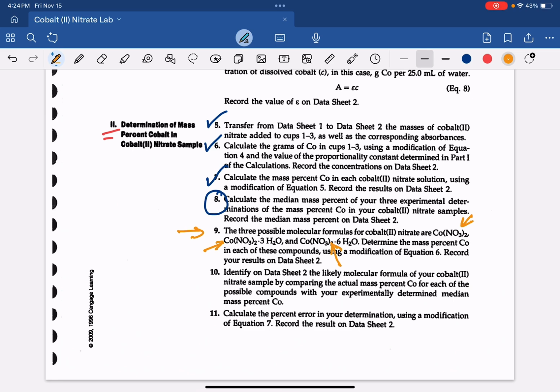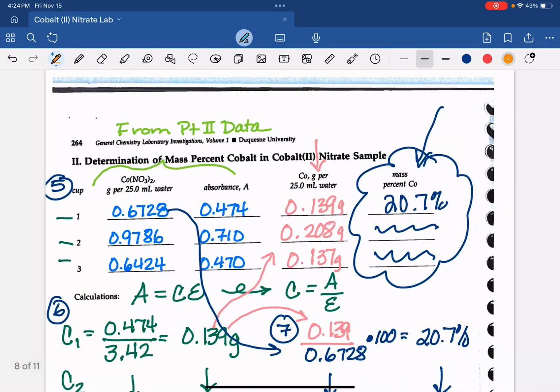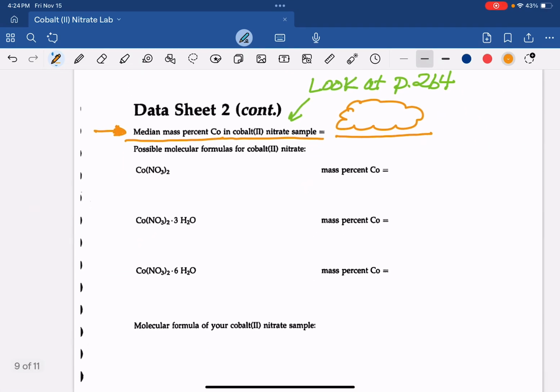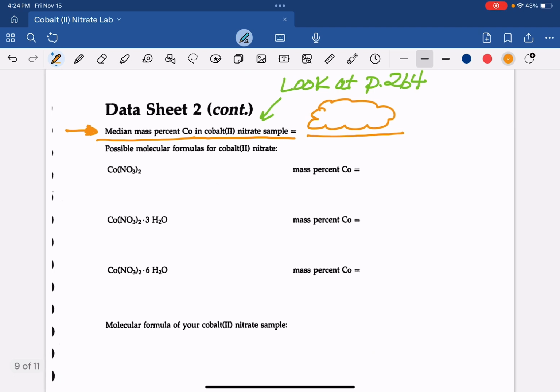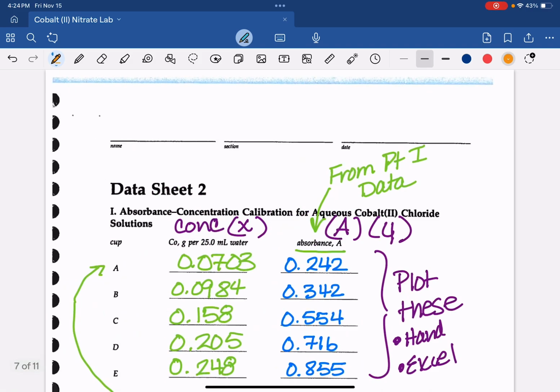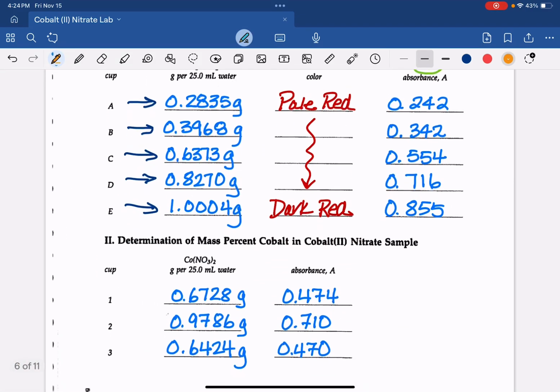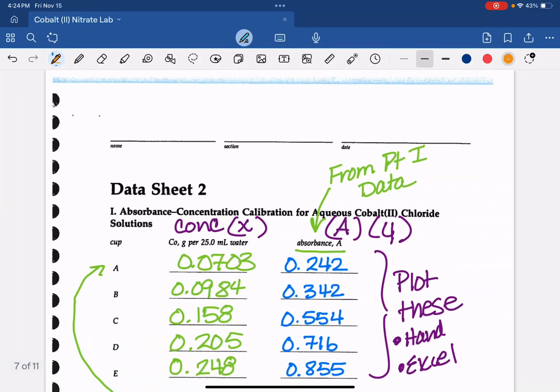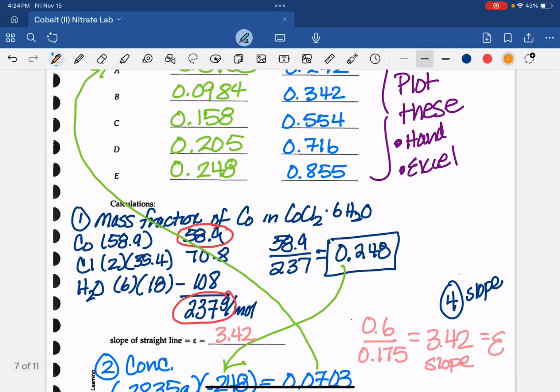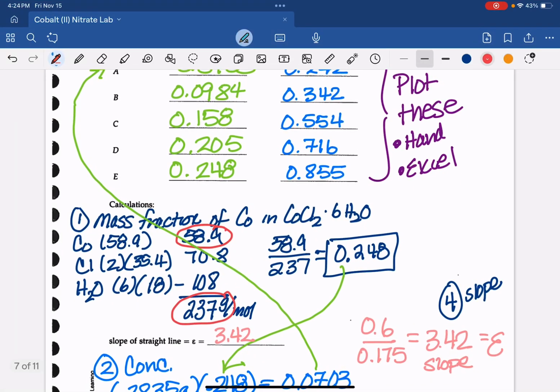Now, if we go back to data sheet number 2, without me doing the work for you, I want you to recall that mass percent for the cobalt is exactly like what you did earlier. Where did I put it? Right here. If you go back, I'll highlight it for you right here.